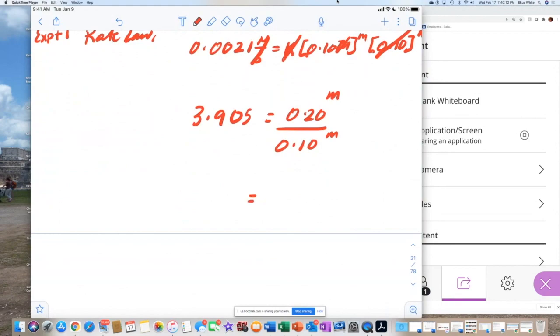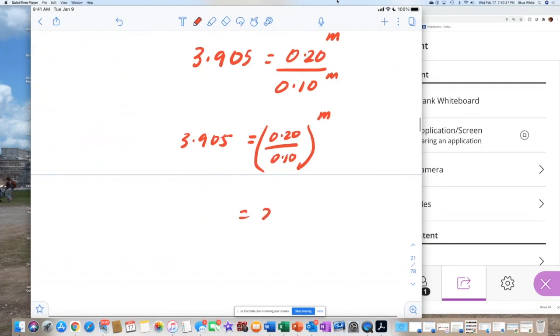So we're going to consolidate these two. They become 0.20 divided by 0.10. And then the exponent applies to the base numbers, 3.905. Now this ends up being 2 power m. And then this number is close to 4. You can round up to 4.